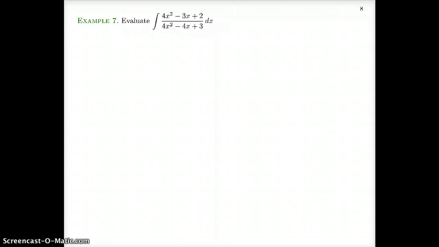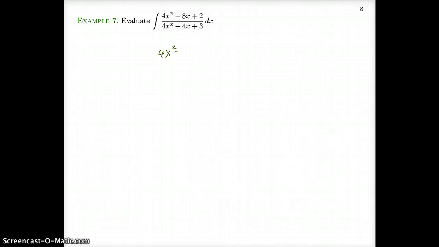Example 7 here is similar, but now we've got to be careful. Always check the degrees before you set up your decomposition, because you might have to do long division, and in this case we do. The degrees are the same.